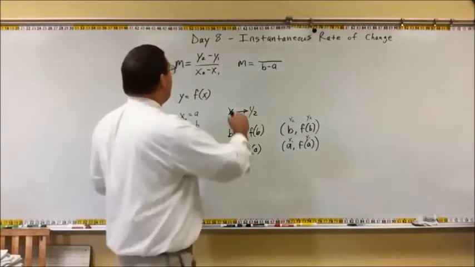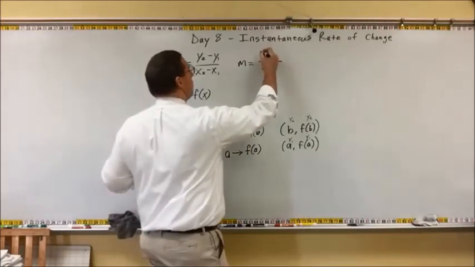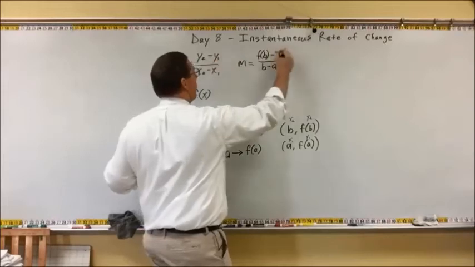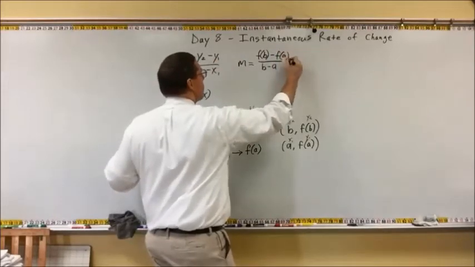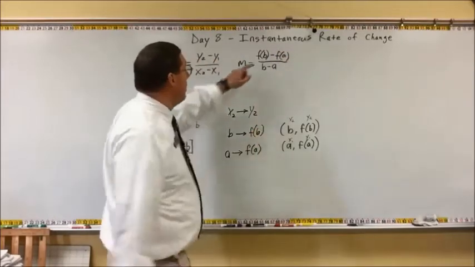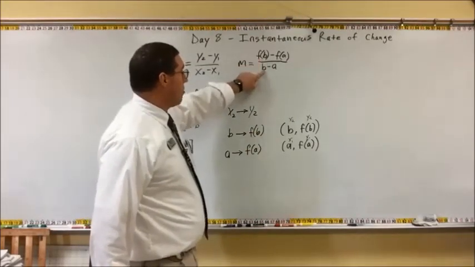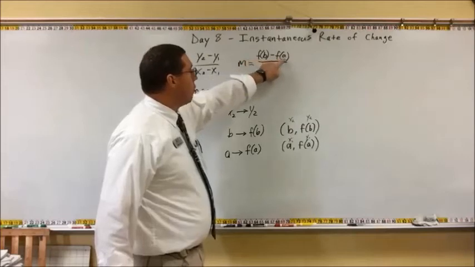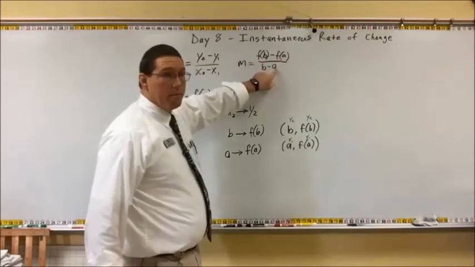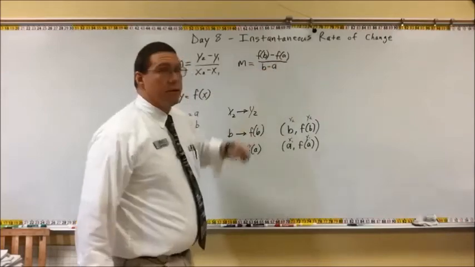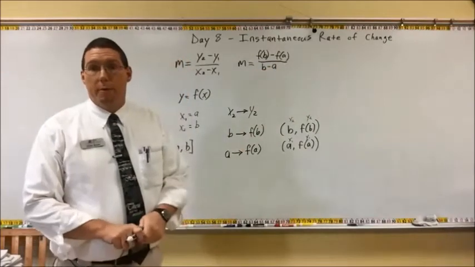And so, instead of y2 up here, we would have f of b minus, instead of y1, f of a. So this is still the slope formula. It's still a y minus another y, and each y goes with an x, divided by an x minus an x. Are we okay with that?